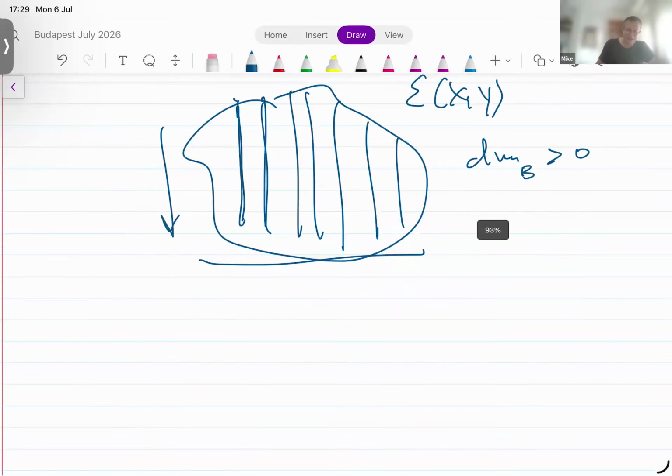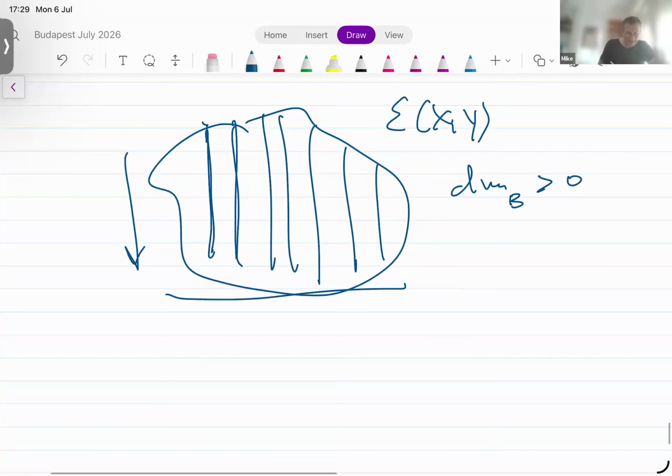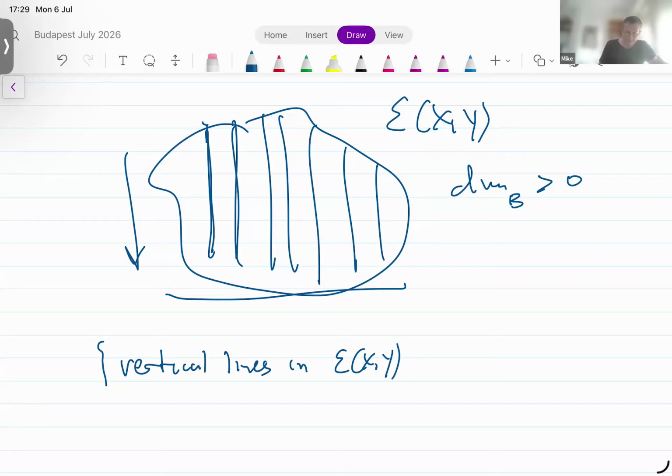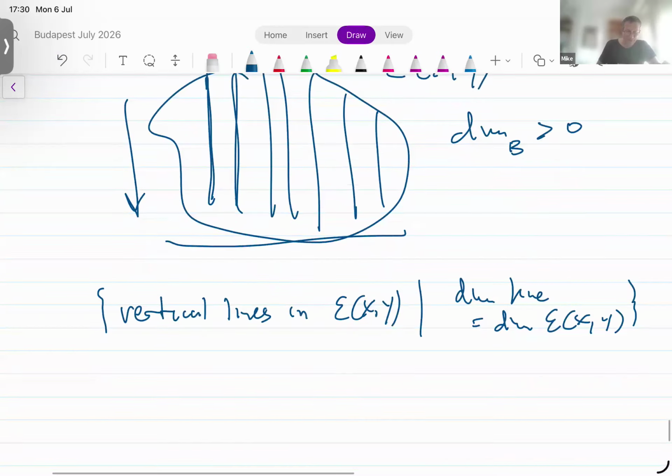And what you actually get is that if you look at the set of vertical lines in E of xy such that the dimension of the line is equal to the dimension of E of xy itself, if you look at this collection of vertical lines, then they sit above a lambda set.